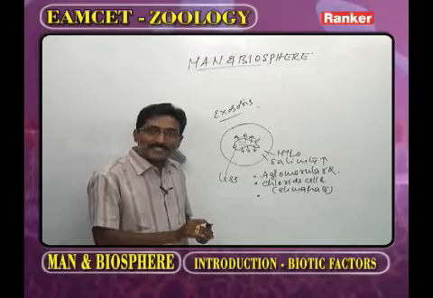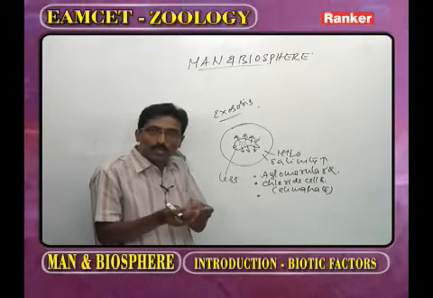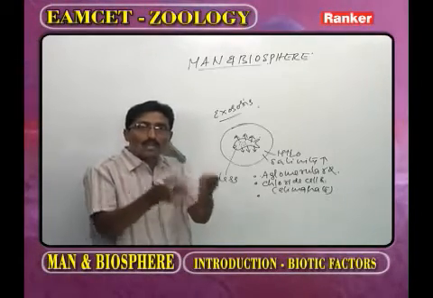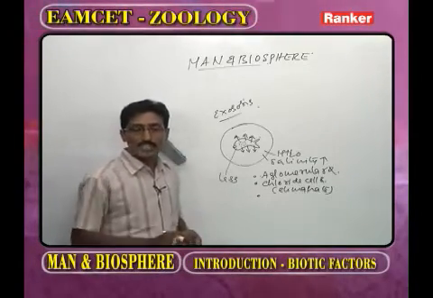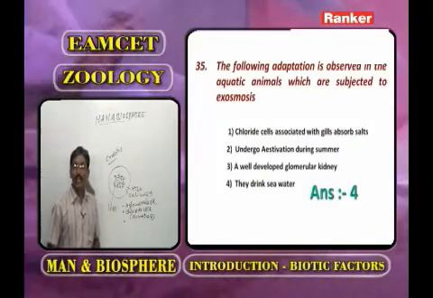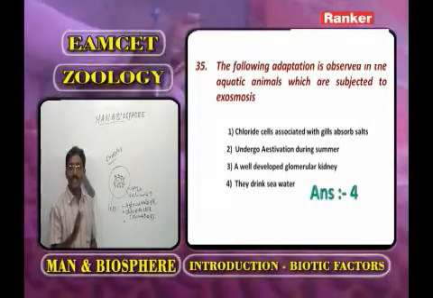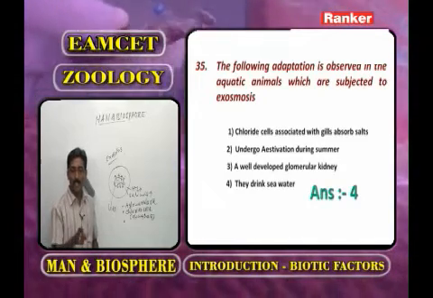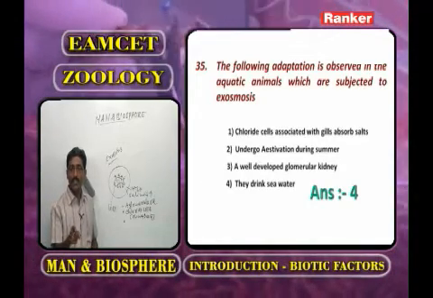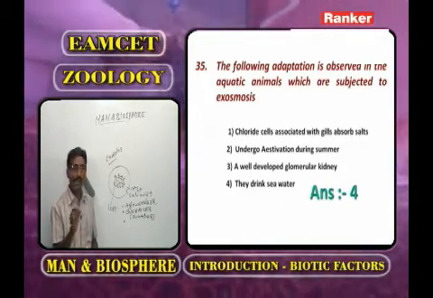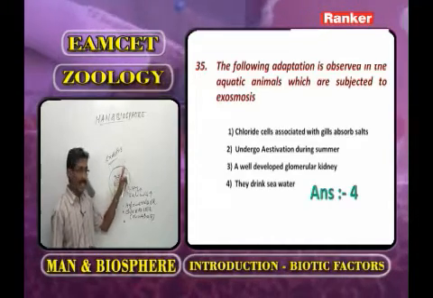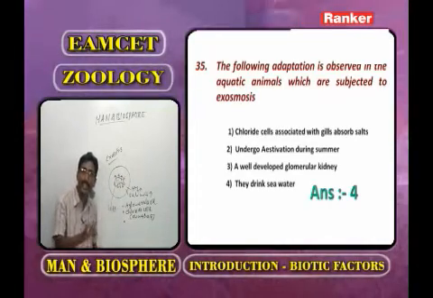And the third one: because of the exosmosis, the water comes out of the body. To compensate, the marine bony fishes drink more and more marine water. So here you have to observe. The following adaptation is observed in the aquatic animals which are subjected to exosmosis. Chloride cells are associated with absorption of salts. But in these animals, chloride cells eliminate the salts.